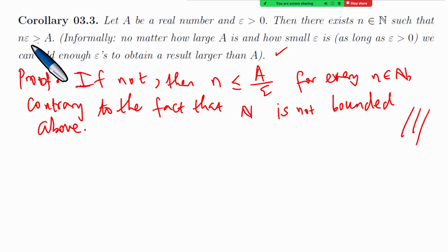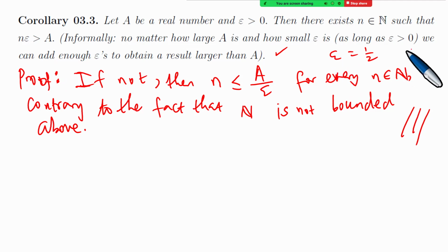And now you want to add as many epsilons, which are very small, as possible, such that no matter how many they are, you can get to a point where the sum is bigger than a given real number A. Even if epsilon is very small, maybe epsilon can be like 1/2.